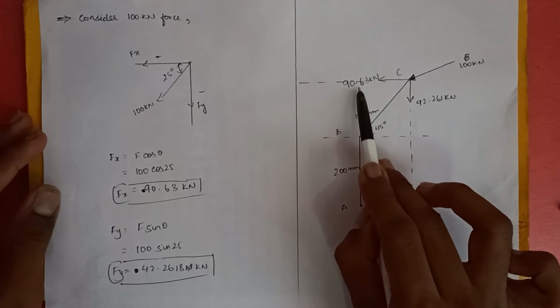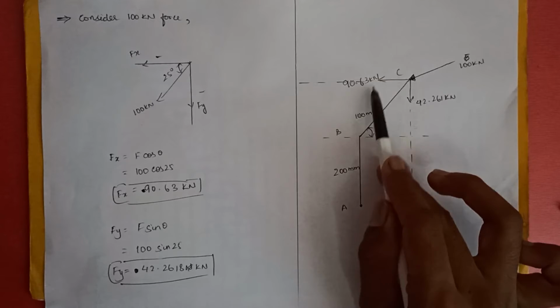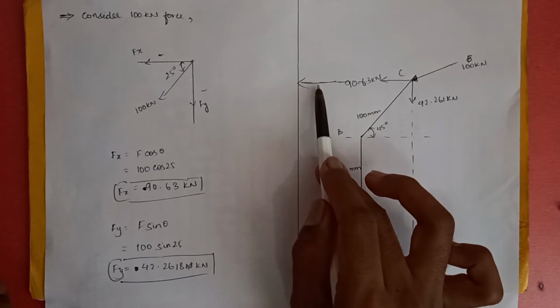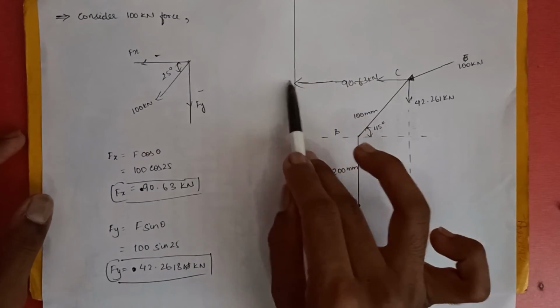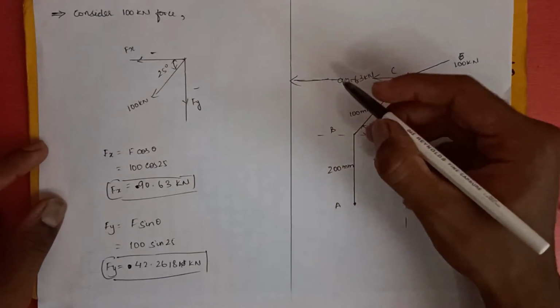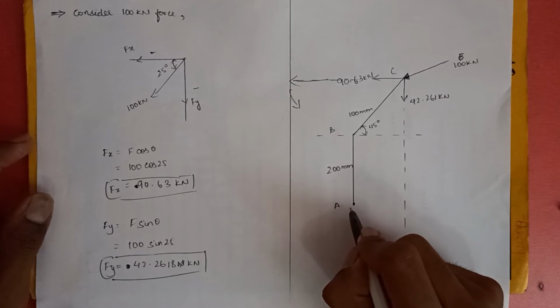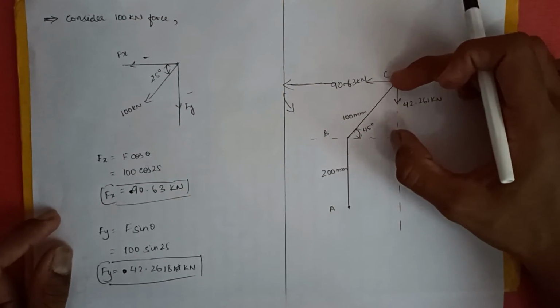The force 90.63 kilonewtons, you cannot rotate it in a 90 degree fashion so that it goes and meets the point A. According to the principle of transmissibility of forces, this force can be put anywhere along its line of action. So I consider it to be over here, and now you can tilt it in anti-clockwise direction such that it goes and meets the point A. But you don't know the perpendicular distance, so you need to calculate this distance.